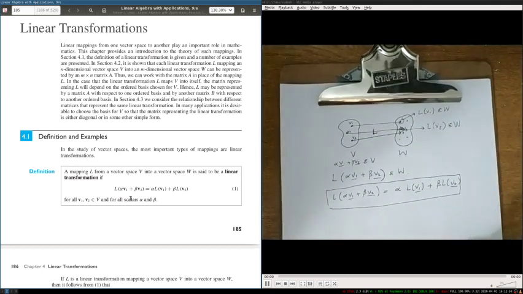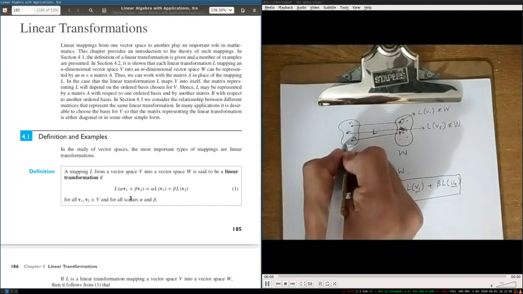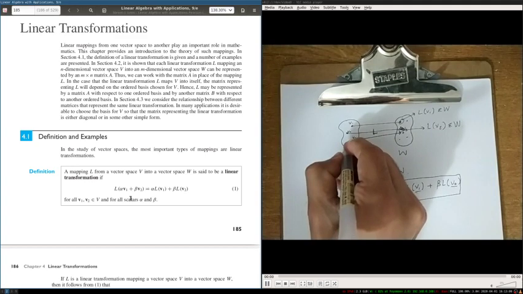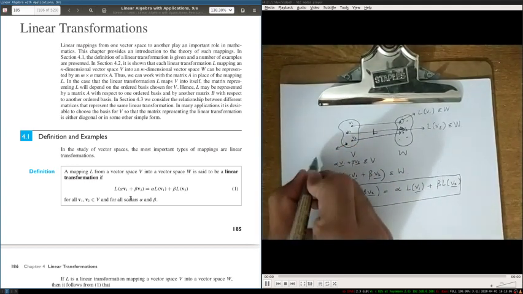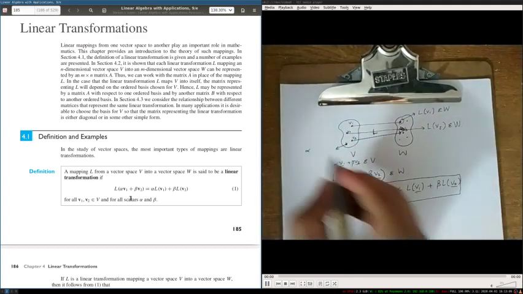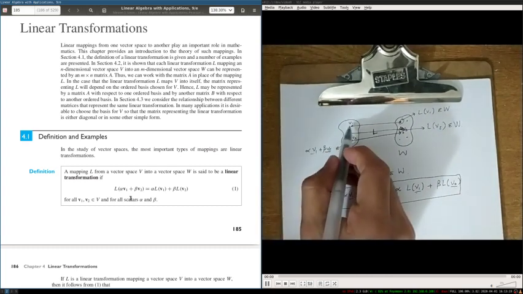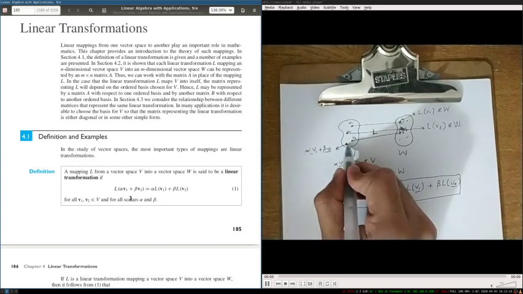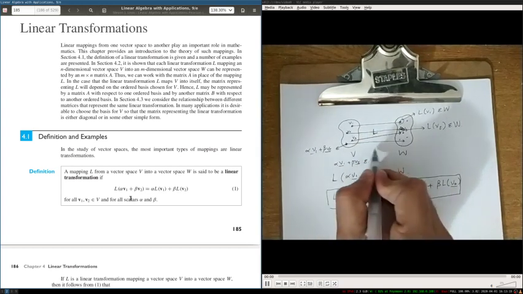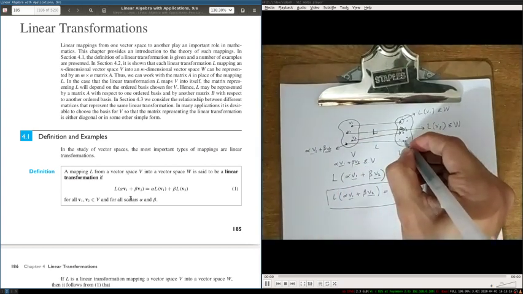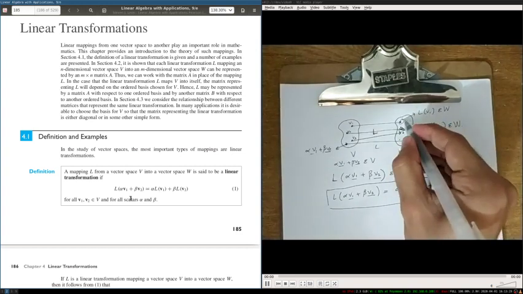And the idea is when you transform, if your mapping transforms a linear combination into another linear combination, so there was another vector, let's suppose over here, which was alpha V1 plus beta V2. So you take a linear combination of these two vectors, and if you try to map it now using L, it will get mapped onto the linear combination of these two.